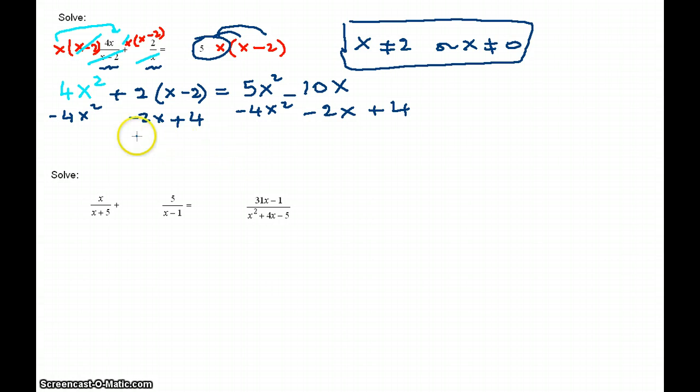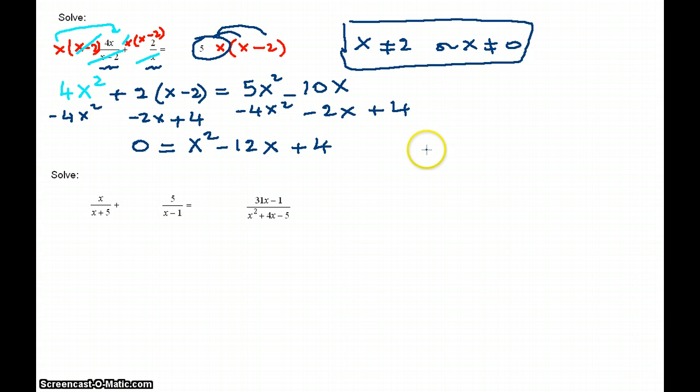As you notice, the 4x squared minus 4x squared will cancel, the 2x and the minus 2x will cancel, the negative 4 and the 4 will cancel, and this would be my 0. 5x squared minus 4x squared is just x squared, and negative 10x minus 2x is negative 12x, and a plus 4.